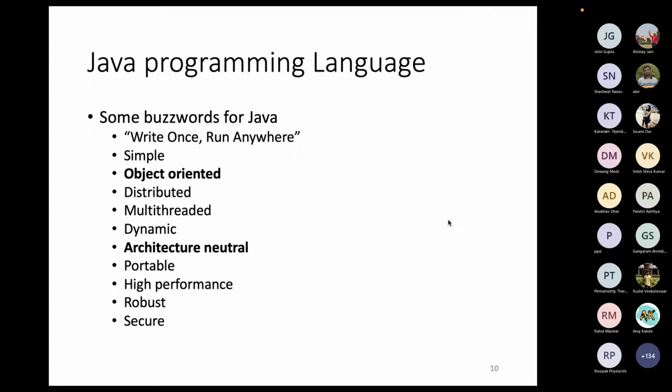One of the main advantages of Java is that it is, to a large extent, platform independent. So what do we mean by that?